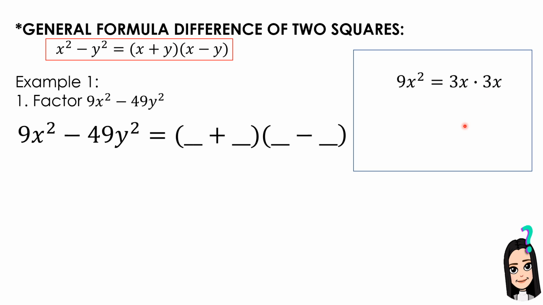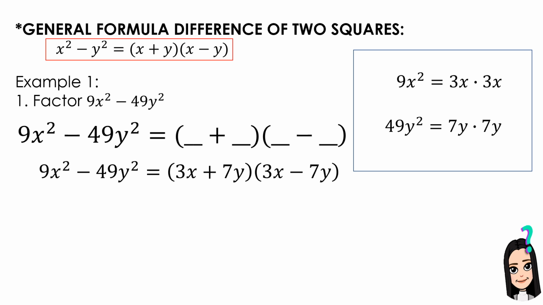So we plot 3x. Then the factors of 49y squared are also 7y times 7y, so it's just equal to 49y squared. Then we plot our answer.